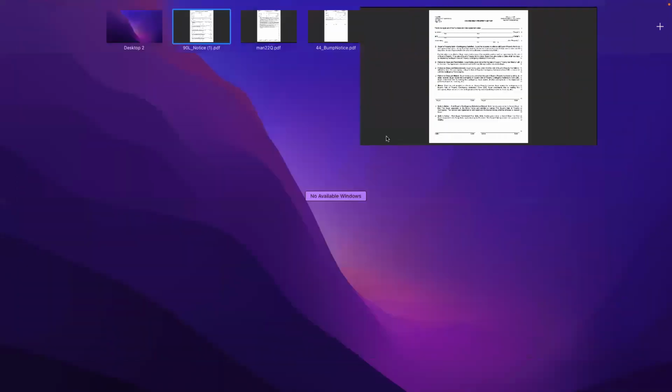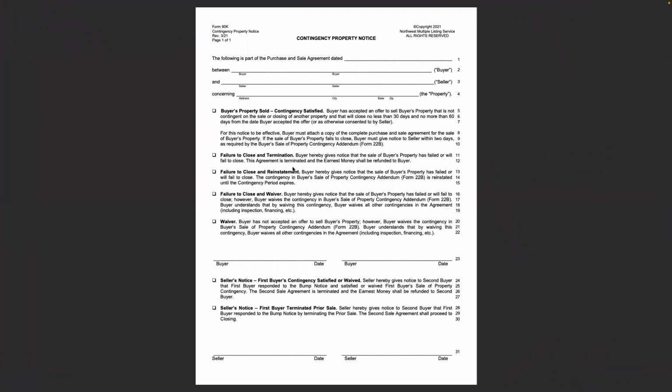Well, wouldn't that be where you'd use one of those failure to close forms, do you think? Yeah, but it talks about pursuant to 22B. So buyer's failure to close and termination. It says buyer hereby gives notice that the sale of the buyer's property has failed or will fail. The contingency of the buyer's property 22B is reinstated, but there is no 22B. Well, maybe keep going and I'll go look at the manual and see if there's anything.